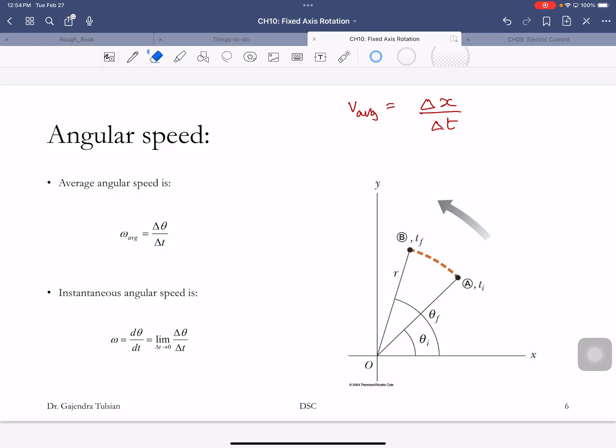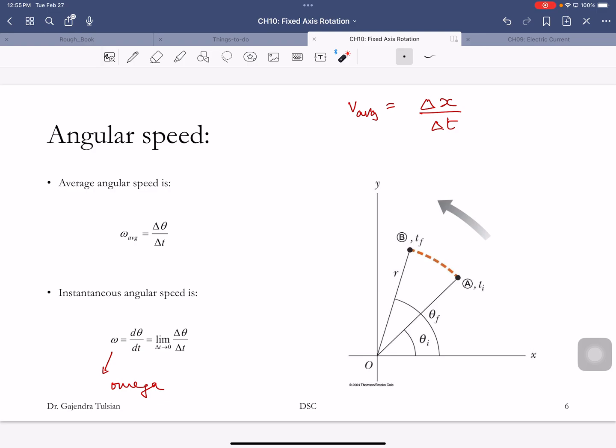Instantaneous angular speed, we're calling it speed because we haven't told you the direction yet, and we'll tell you in a second, is denoted by omega. This letter is omega, and it is d theta by dt.